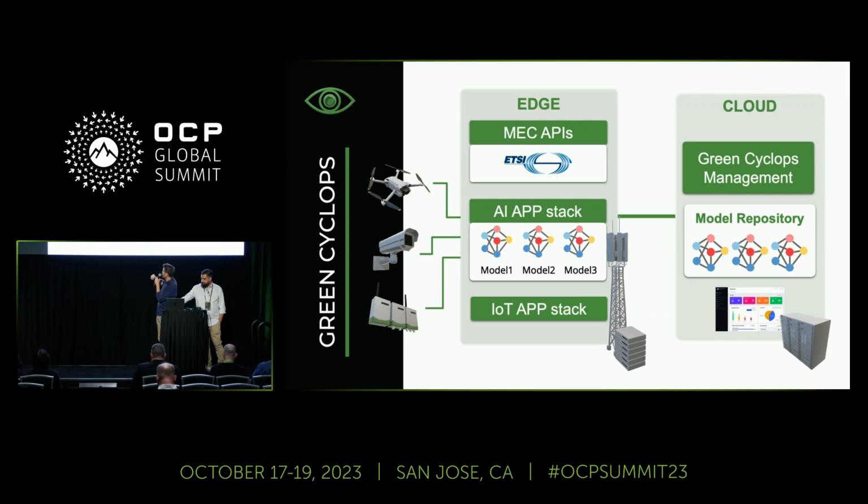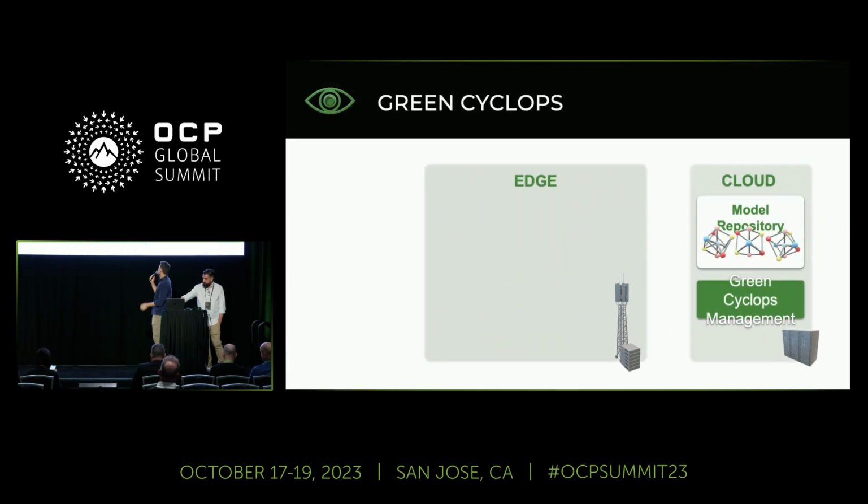We have the AI and IoT instances that process information from the cameras and the IoT devices, and with the inference produce some events and alarms that are sent to the cloud. At the cloud, we have a model repository with pre-trained models that can be used by the instance at the edge.